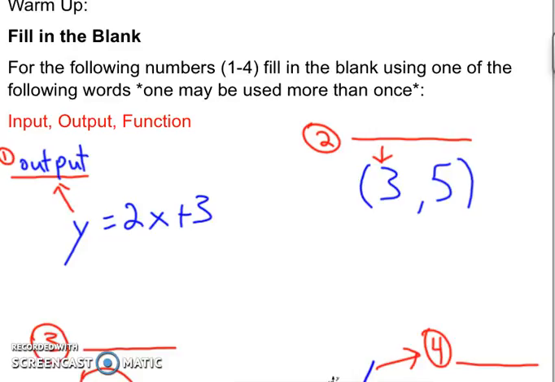Let's go ahead and fill out what else we know. 2x plus 3, a box, that is the function itself. And x, in this case, is the input.